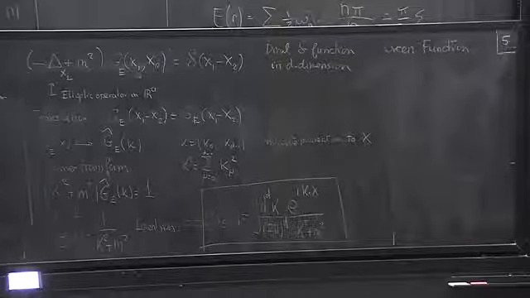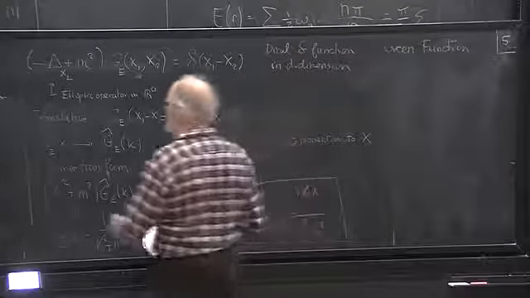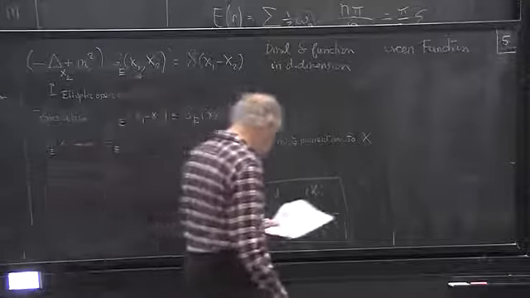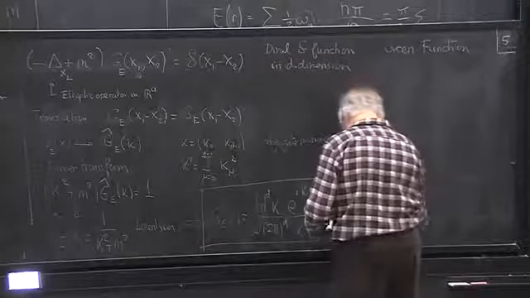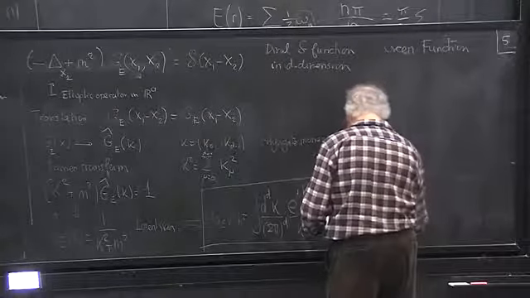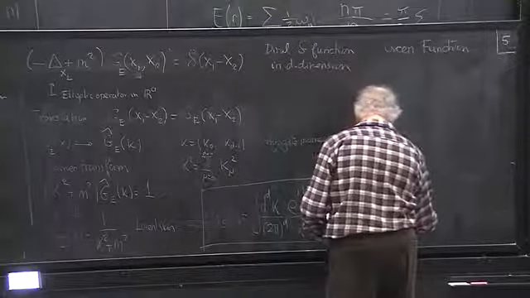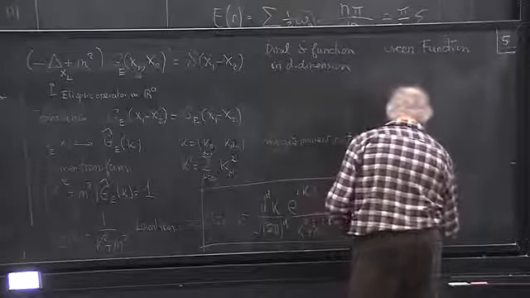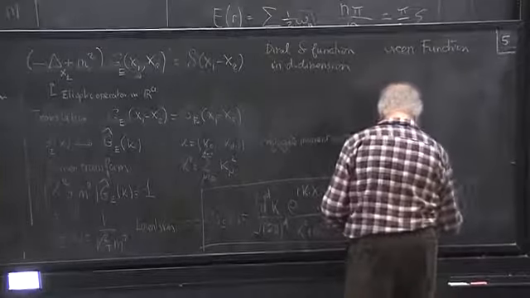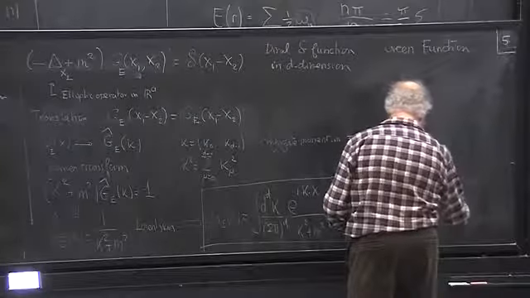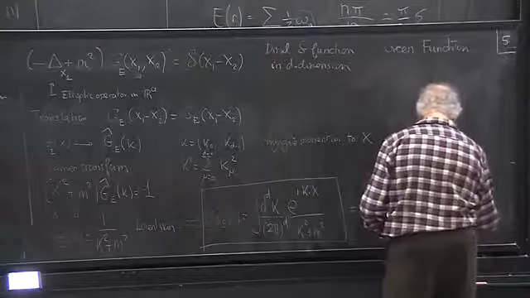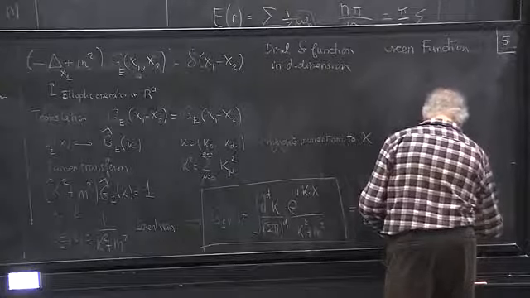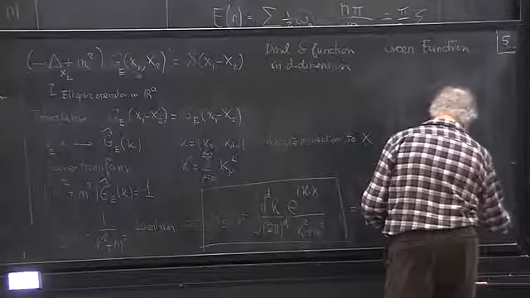Well, in fact, you can perform the integral, or you can solve this equation explicitly by going to radial coordinates. So in fact, you can also show that this is given by some Bessel function. So it's 1 over 2 pi times the norm of the vector x divided by the mass parameter to the power 1 minus d over 2, times the Bessel function of index 1 minus d over 2 of the norm of x times m.